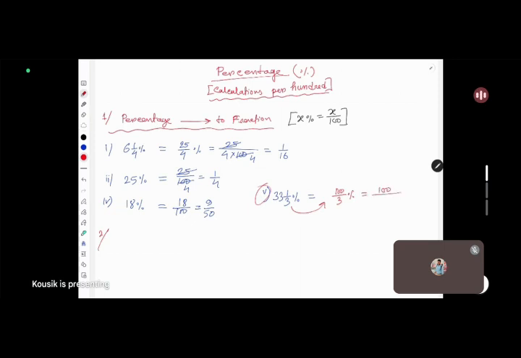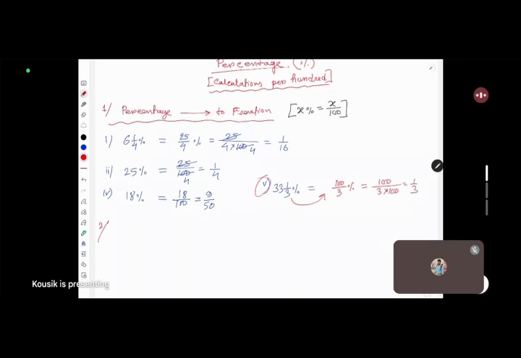So 100/3 into 1/100. Right. So this is 1/3.